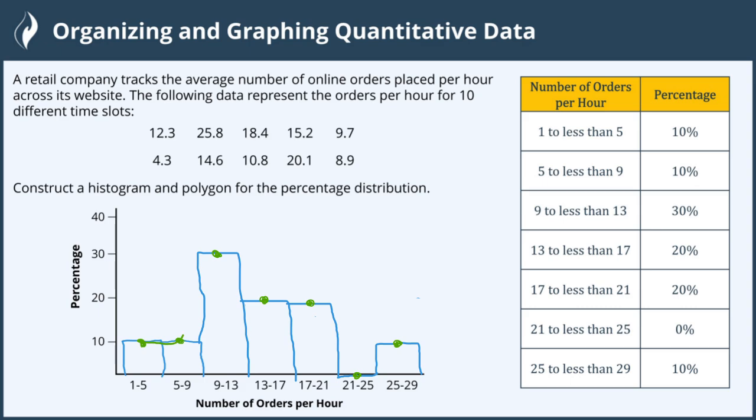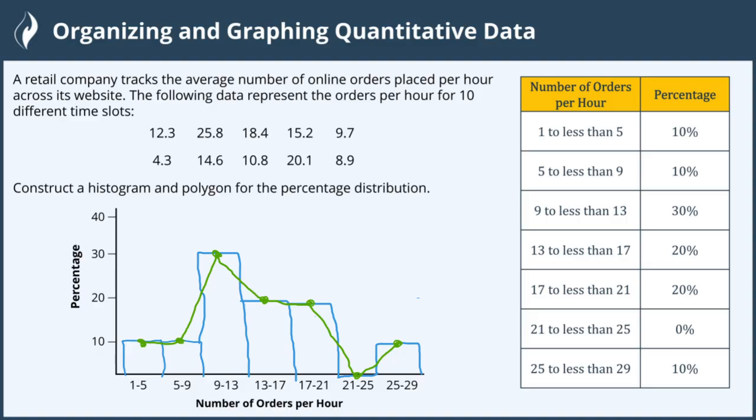We're going to draw a line from the second bar to the third bar, down to the fourth bar, across to the fifth bar, down to 0%, and then back up to the dot on the last bar. So now we've constructed our histogram and our polygon.